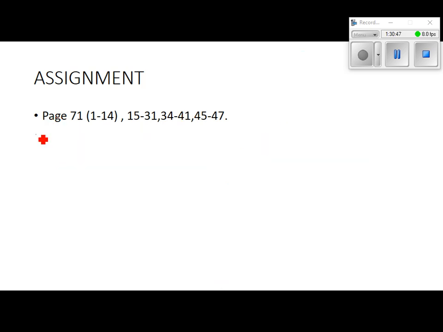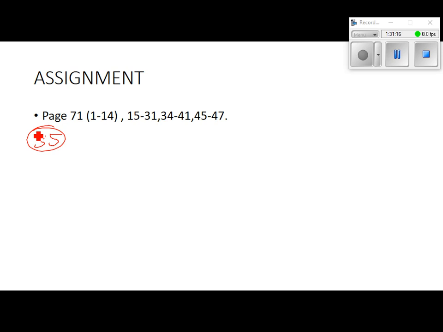Number 35. My book, I can't read all my problems, so if you're looking at number 35, you could set up many different equations here.